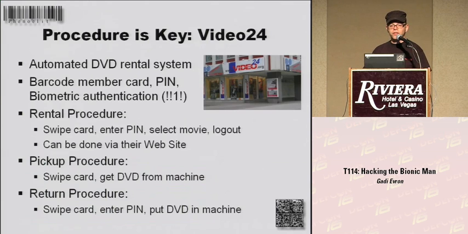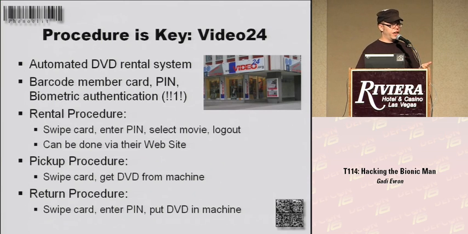The thing about barcodes is it's a really simple technology, but you actually have to get your procedure right. So this is what happens when you're really lucky. This is a picture of the apartment building I live in, and they put in an automated DVD rental store, unattended, right there.